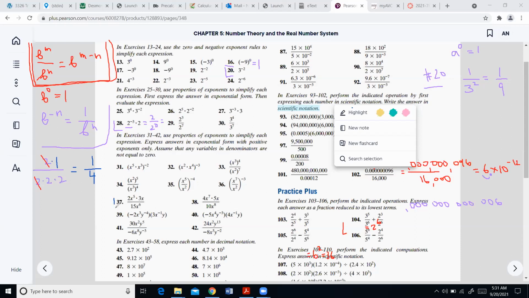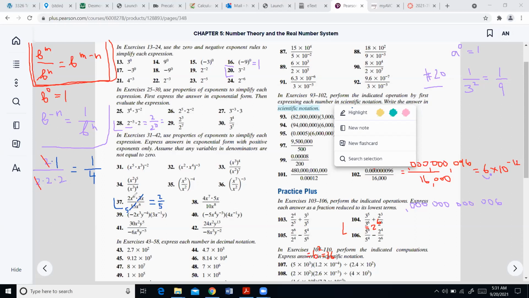Let me do one more, number 37. Look at this exercise. It has lots of different numbers and powers. Well, I notice I can cancel this 3 and 5. 3 and 15 get 5 on the bottom. So I'm going to have 2 in my numerator and 5 in my denominator. And then what? Well, looks like all powers of x are also going to cancel, right?